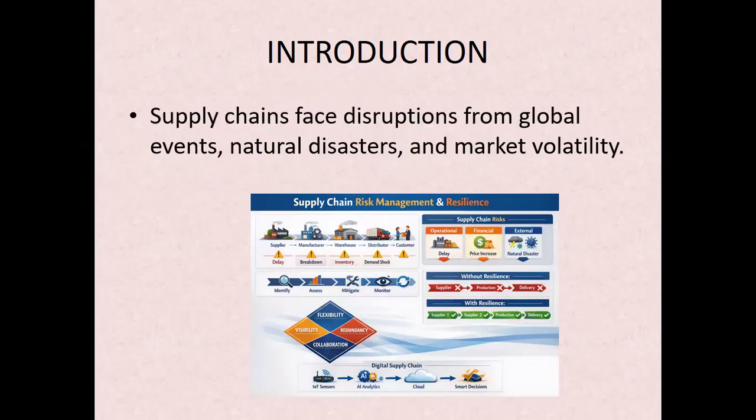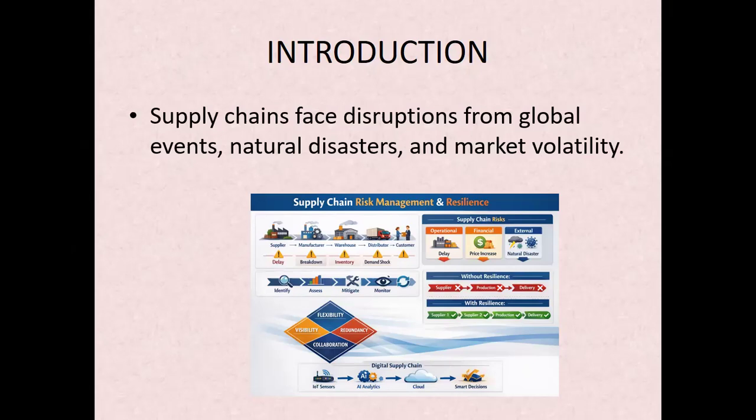Let us get into the topic introduction. Supply chains today are highly interconnected and globalized. While this brings efficiency and cost advantages, it also introduces new challenges to several processes and operations in supply chain systems.